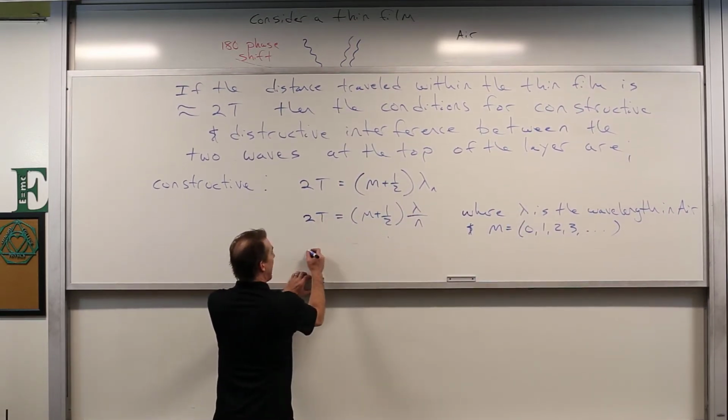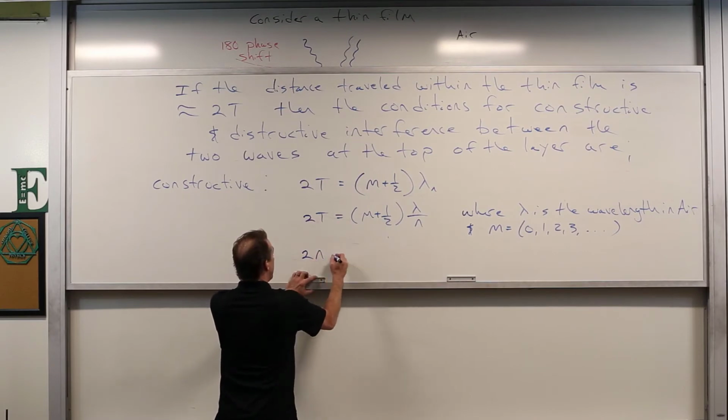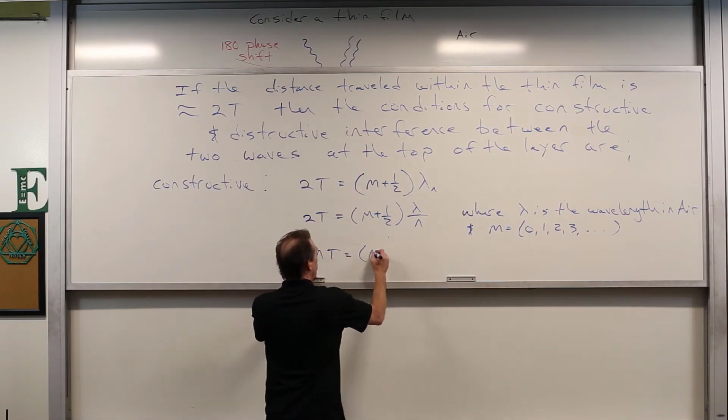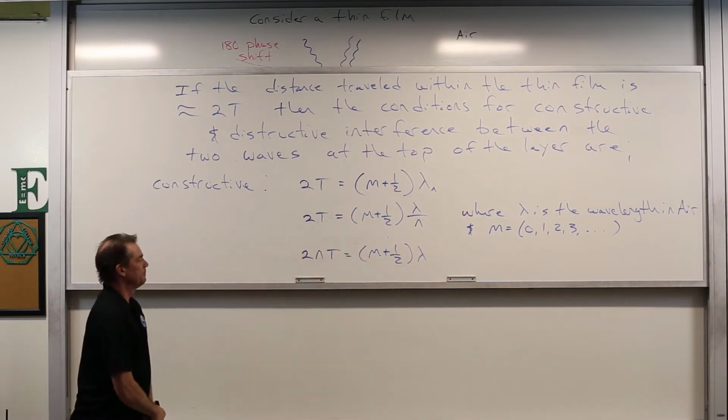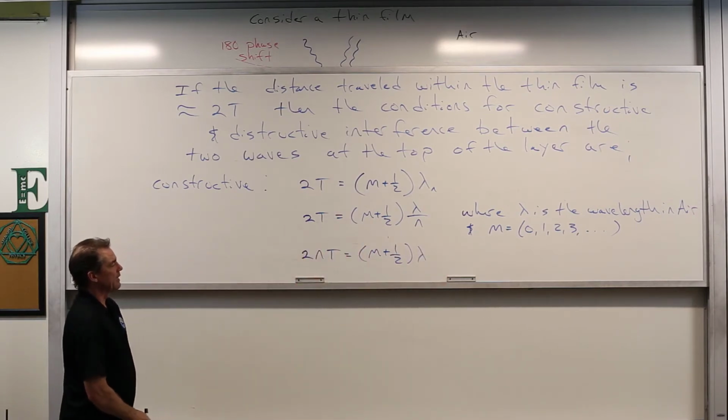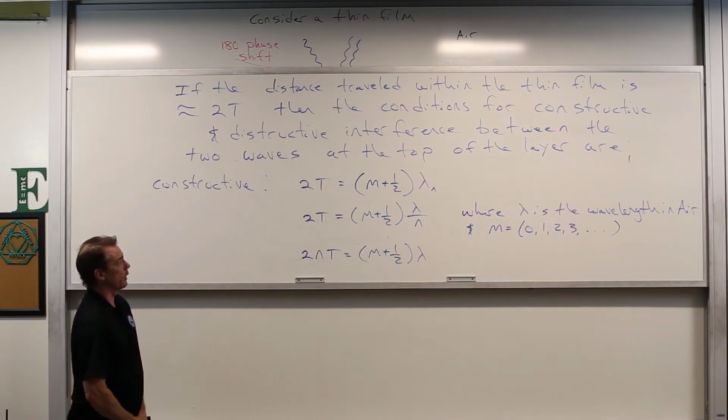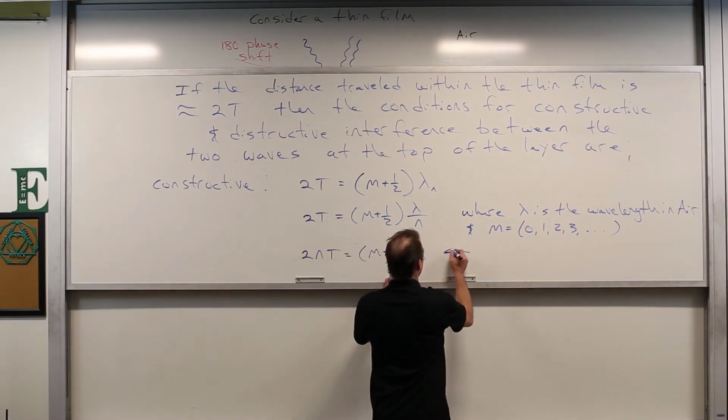With this, we get that 2nt is equal to m plus 1/2 times lambda. And there is the condition ultimately for constructive interference.